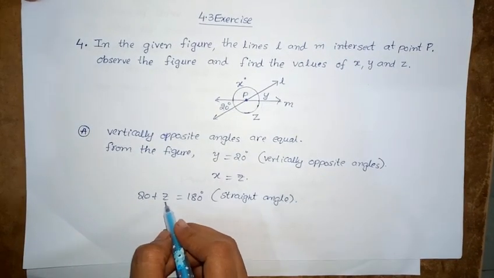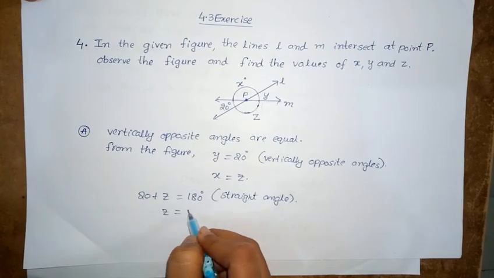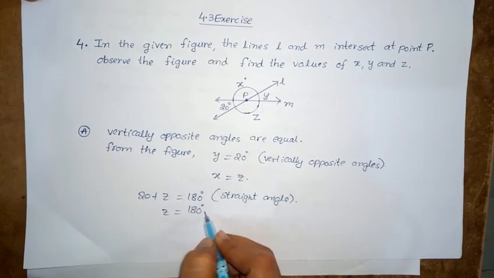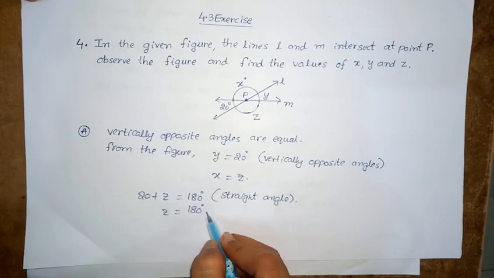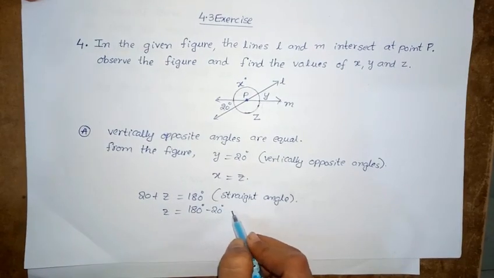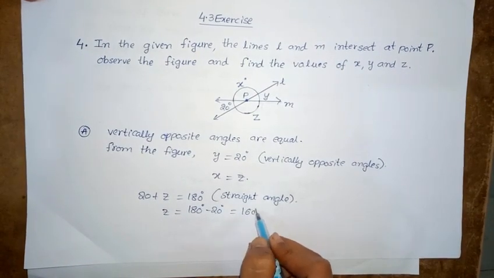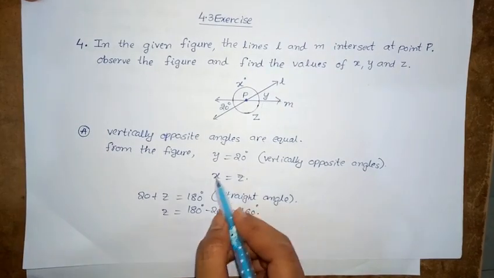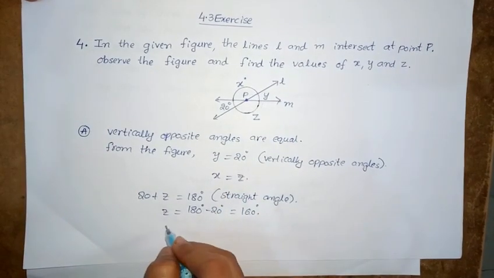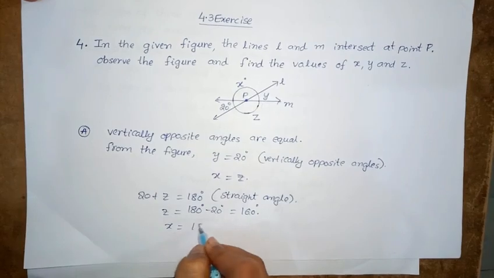So from this find the Z value. Z is equal to 180 degrees minus 20, moving it to the right side. So Z is equal to 160 degrees. We already know X is equal to Z, so X is also equal to 160 degrees.